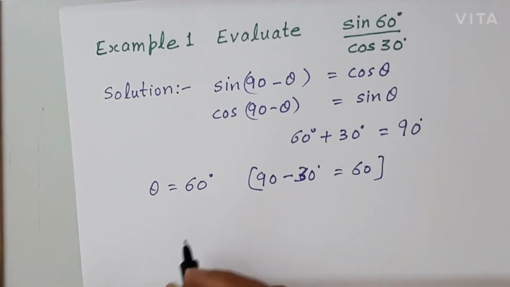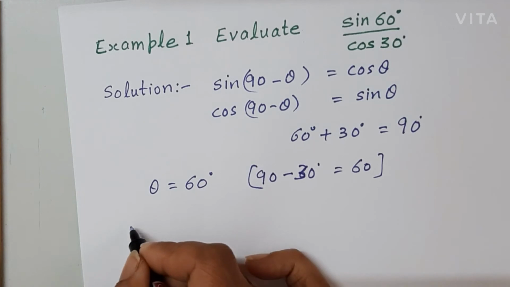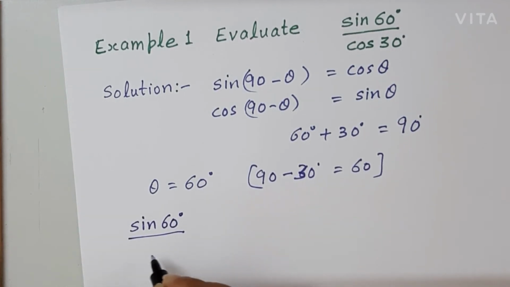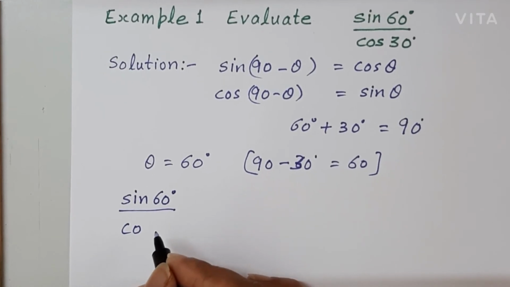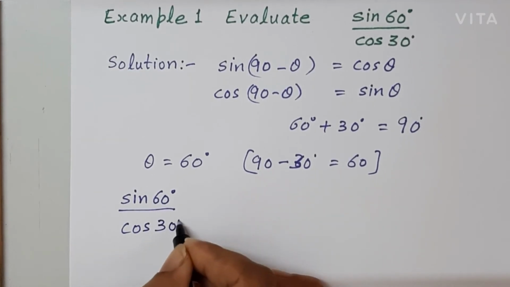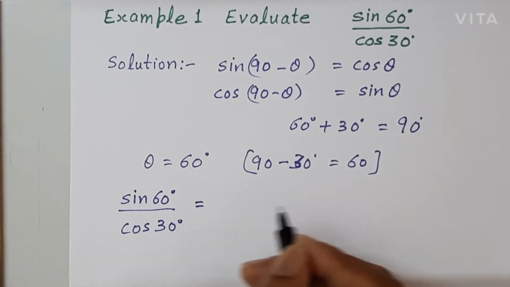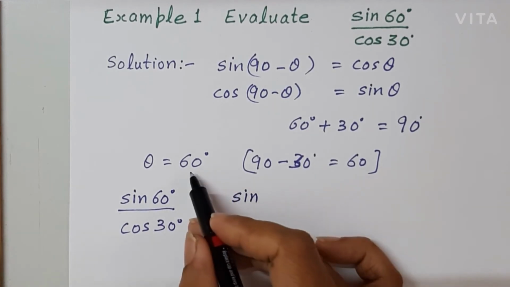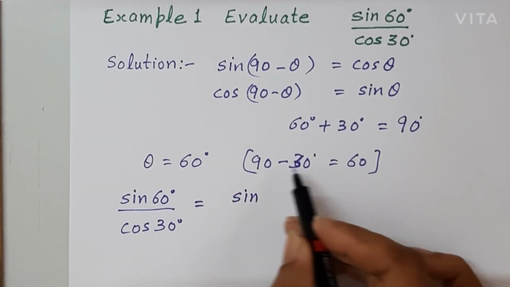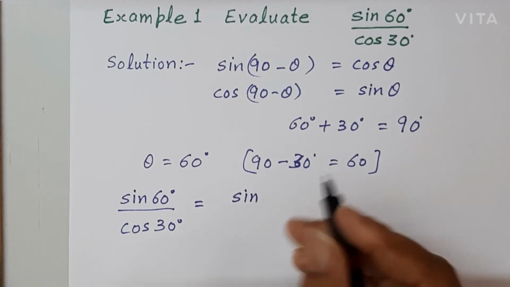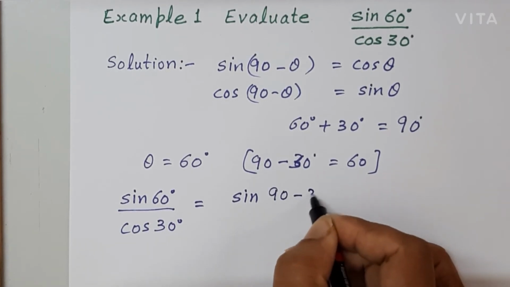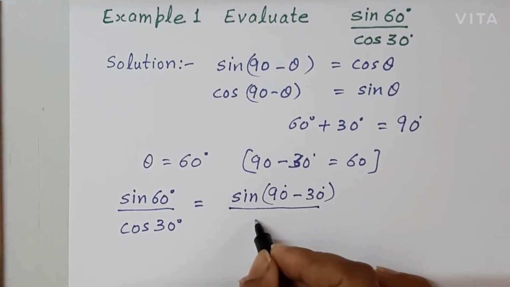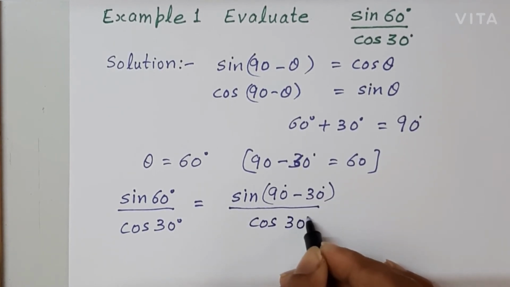Now I'll be writing this as sine 60 degree upon cos 30 degree is equal to sine. Now I will not write 60 degree. Instead of 60 degree I'll be using this 90 minus 30. So this is sine 90 minus 30 degree upon cos 30 degree.